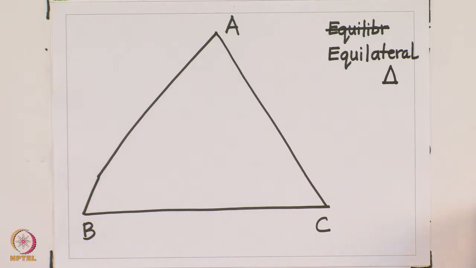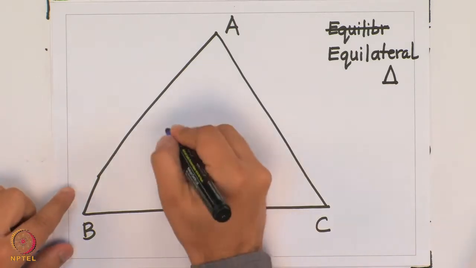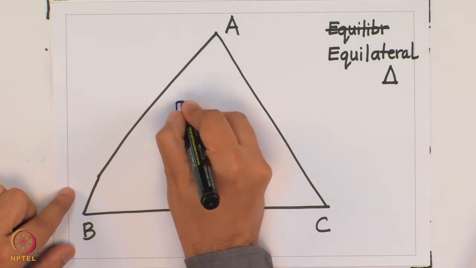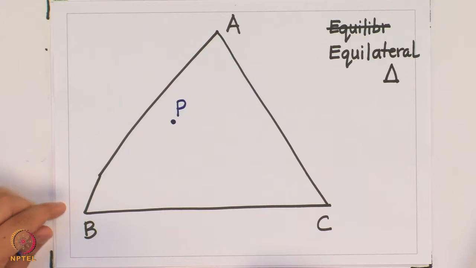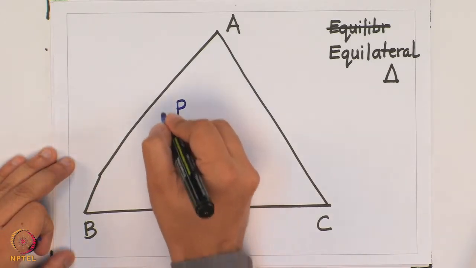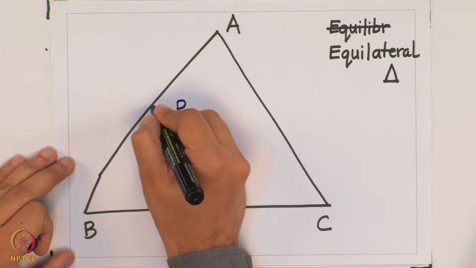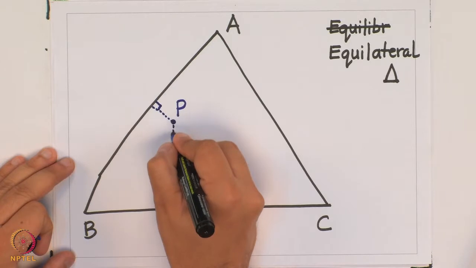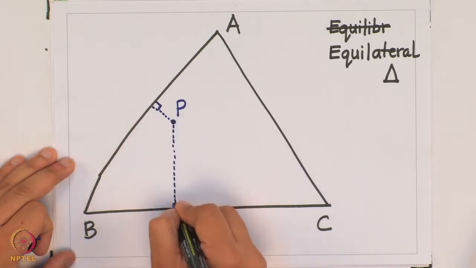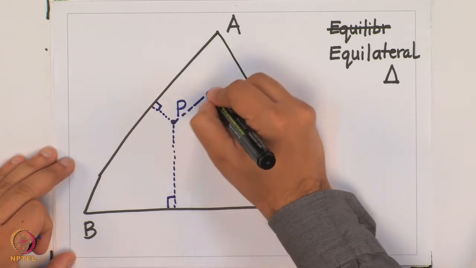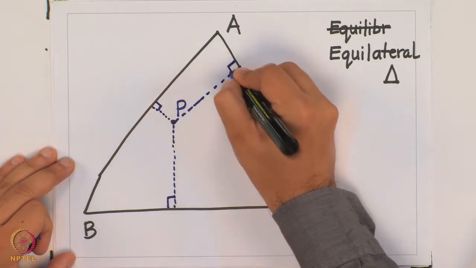Now, for any point P inside this triangle, or even on this triangle, we want to draw perpendiculars to the three sides. So perpendicular to the side AB looks like this, perpendicular to the side BC looks like this, and perpendicular to the side AC would look something like this.